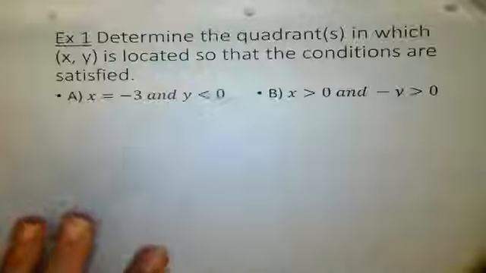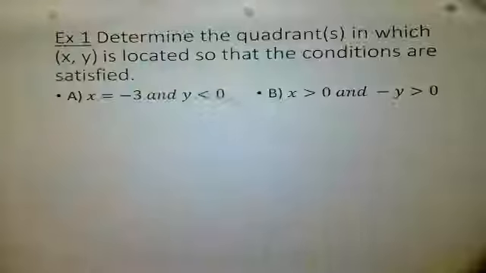Example 1, determine the quadrants. Quadrants, with the parentheses, which means it could be 1 quadrant or 2 quadrants.